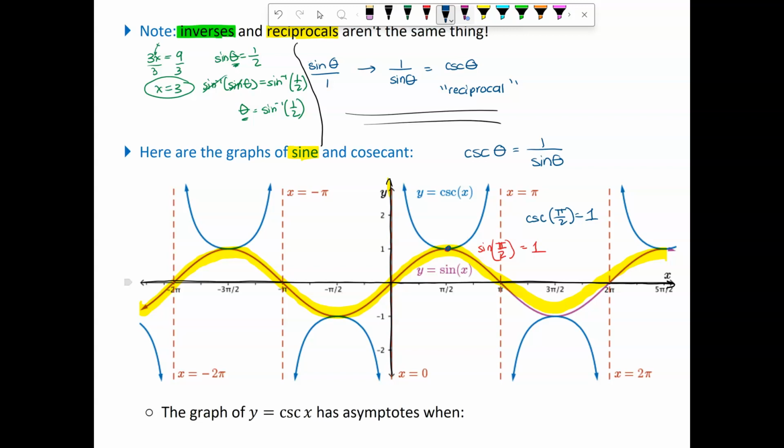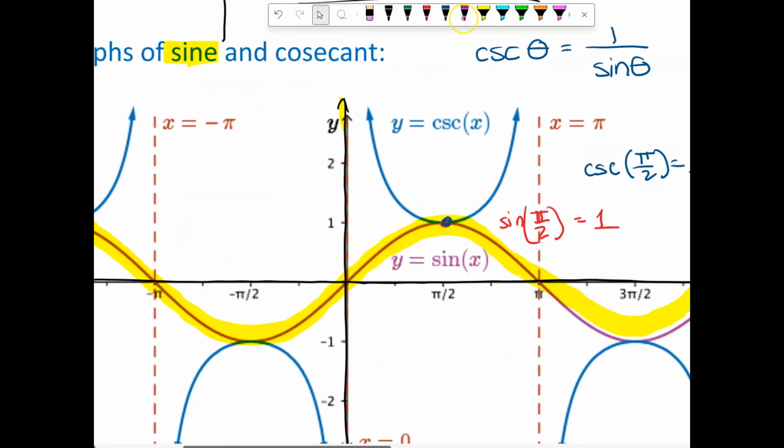For example, if we look at maybe a half, okay? If sine of theta is equal to a half, cosecant of theta will equal 2. So that value is now all the way up here. And same over here, a half will again be 2.